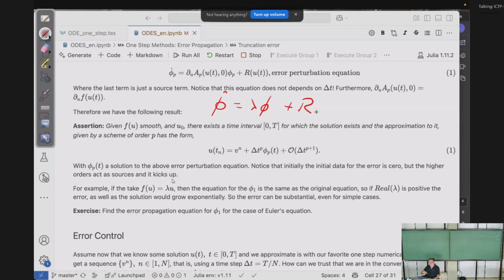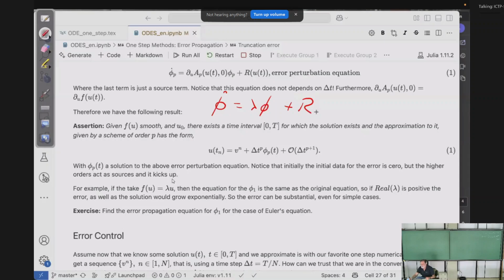But the solution is also growing. But for a longer time, I don't know what the order p plus 1 of that residual is, right? It could be something like phi squared. And if phi grows exponentially, then that term may become larger.